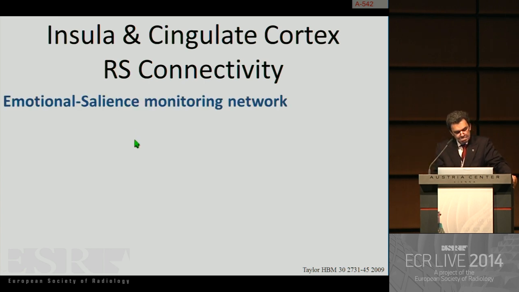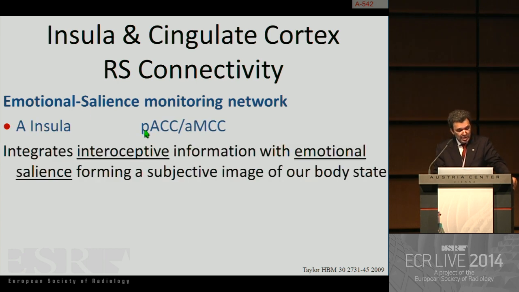And we talked about the memory and the emotions, and obviously they are related, but the emotional saliency monitoring network is in the anterior insula. It integrates information coming from the inside, interoception, with information on our emotional states.